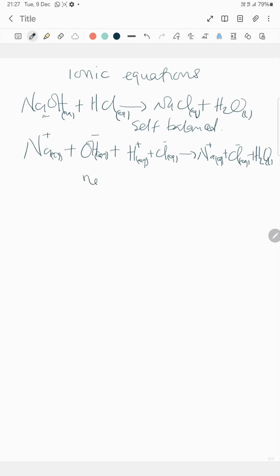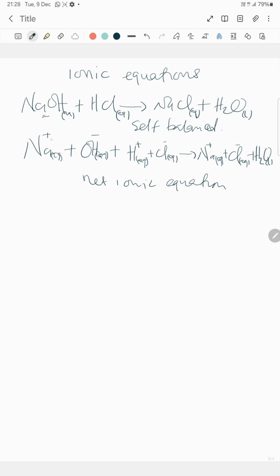Then we talk about the net ionic equation. In the net ionic equation, we remove what we call spectator ions, those found on both the left and the right side, or the reactant and product side.